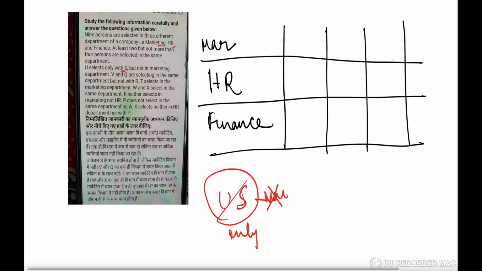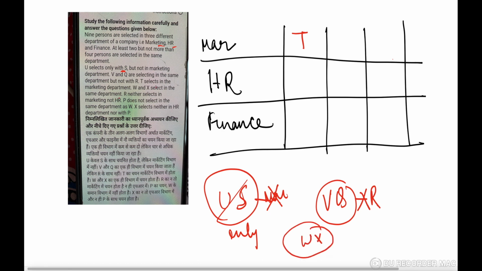Fine. Next, V and Q are selected in the same department but not with R. T selects in the marketing department. Okay. Next, W and X select in the same department.